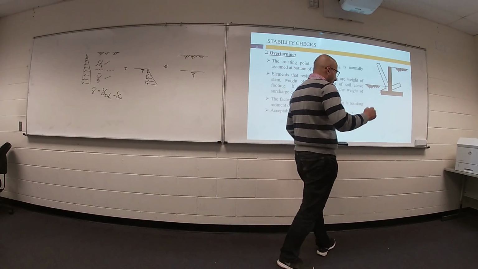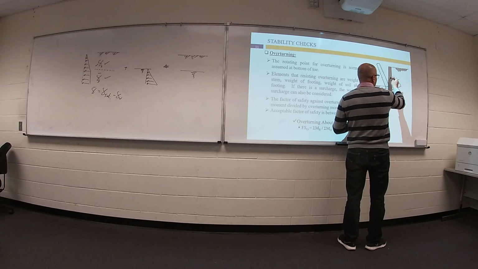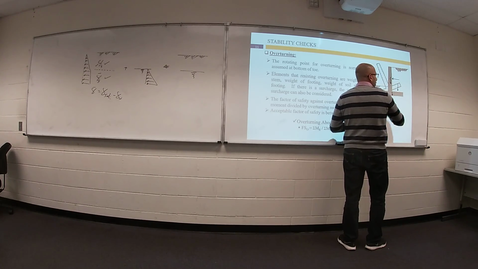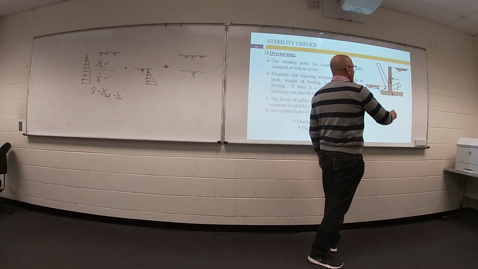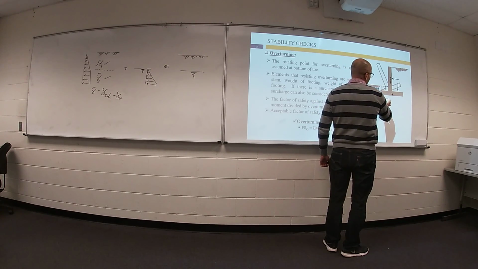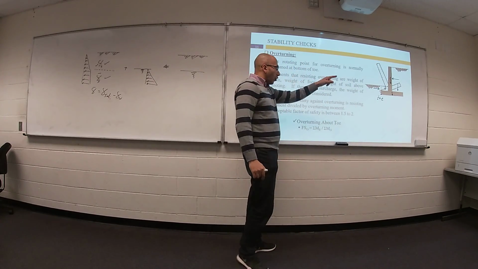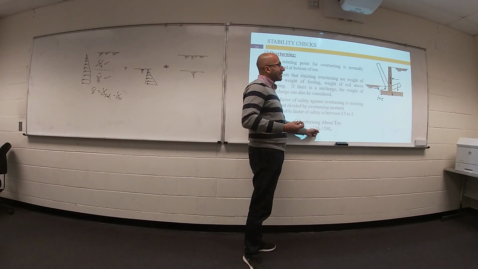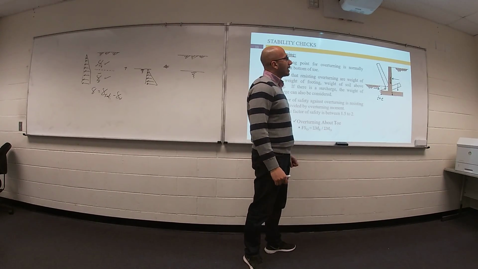If you remember our example last time, we have the lateral pressure force, the vertical weight of this part of soil, the vertical weight of the retaining wall, the vertical weight of this part of soil, and the lateral passive pressure. We are looking for overturning about this specific point, which is called the toe of the retaining wall. You have to decide which force will cause resisting moment and which force will cause overturning moment.